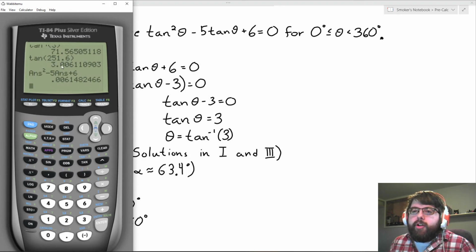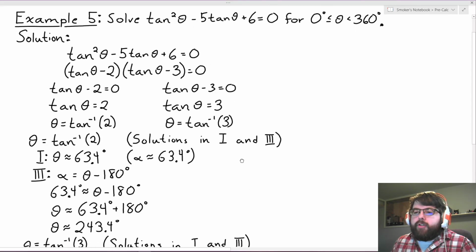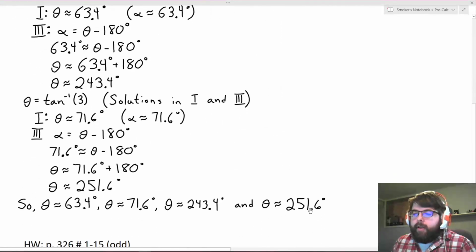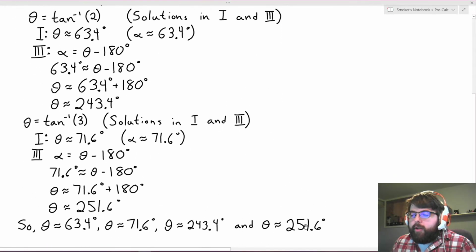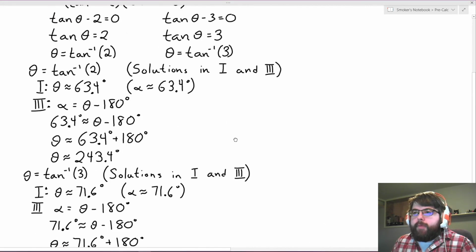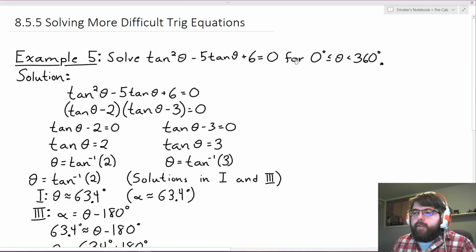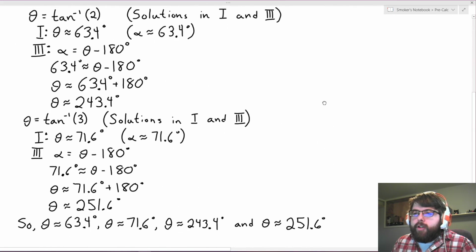I'm wondering if this shouldn't be 3, and if I had 3 squared minus 5 times 3 plus 6. Yeah, see? So the actual value when you plug this rounded degree in should be 3, which actually makes sense because that's what it was here, right? And that causes this to go 0, so that's what makes it one of the solutions.